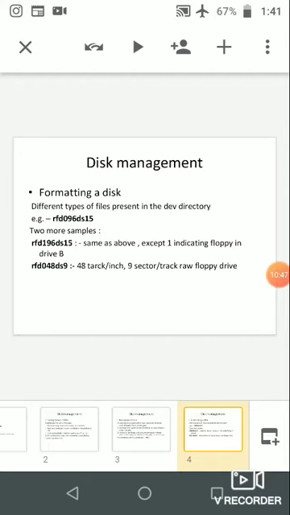You know that in a Linux or Unix system, different types of files are present in the dev directory, and previously there was a naming convention that these files are named as per the capacity and type of disk for which they were prepared to interact.